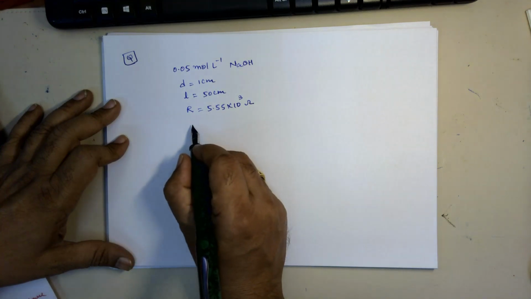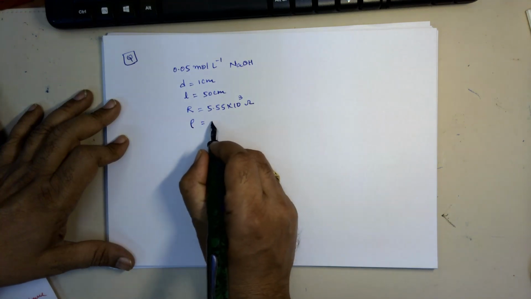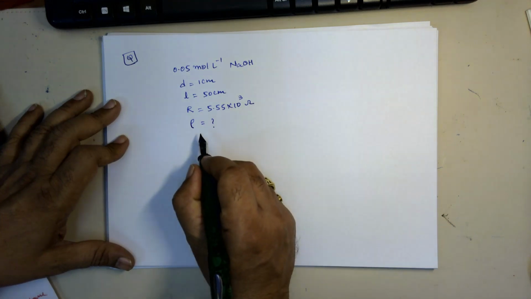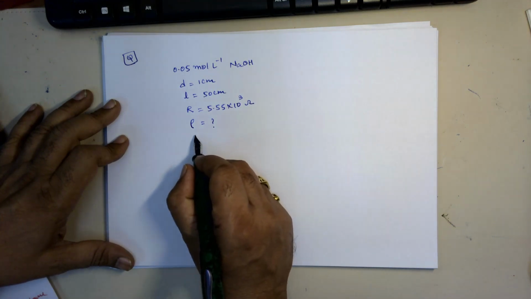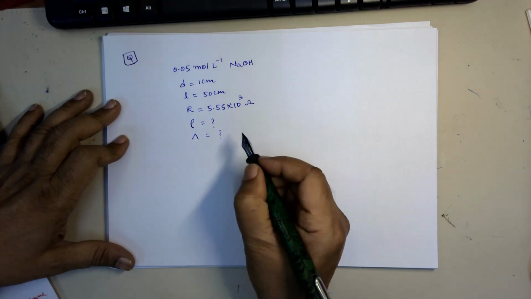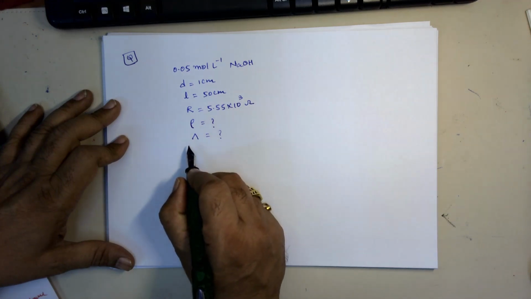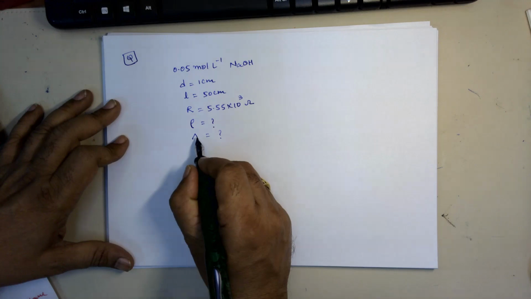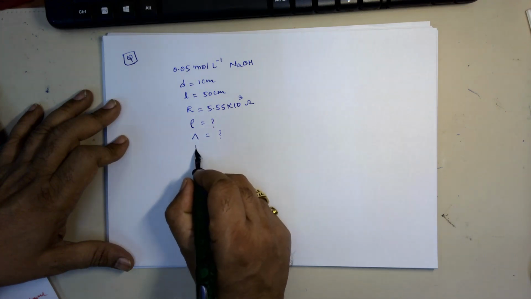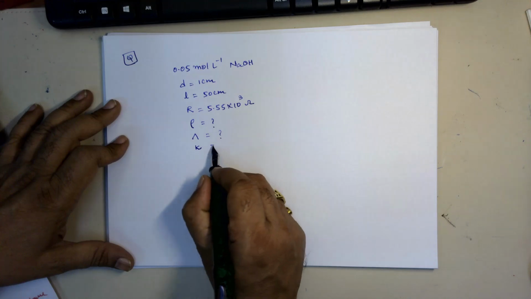Calculate its resistivity, conductivity, and molar conductivity. Conductivity means kappa.